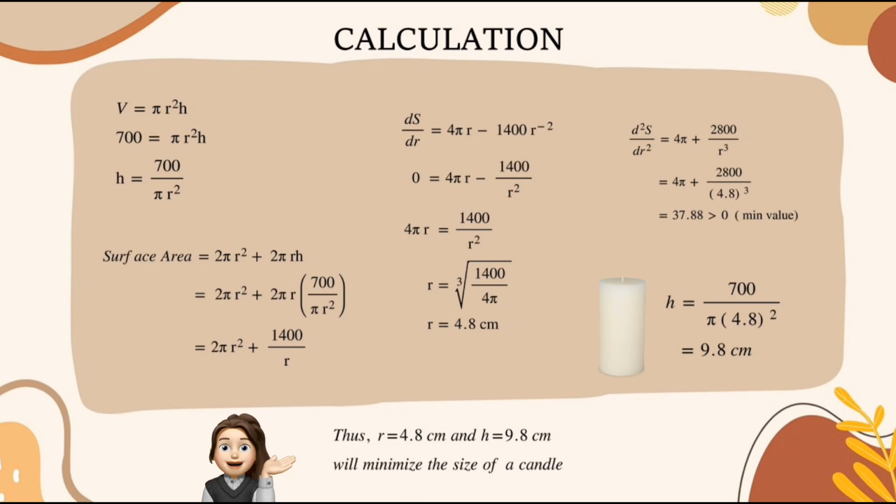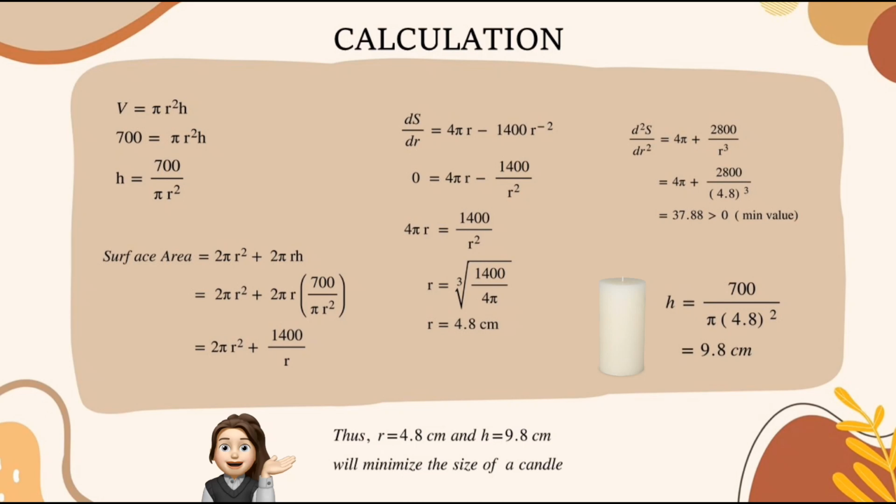After that, we can substitute 700 as V and find h, which is 700 over pi r squared. Then, substitute h in the surface area equation. And we get the answer S equal to 2 pi r squared plus 1400 over r.